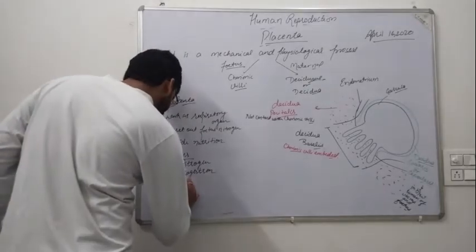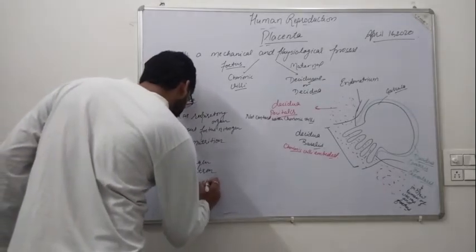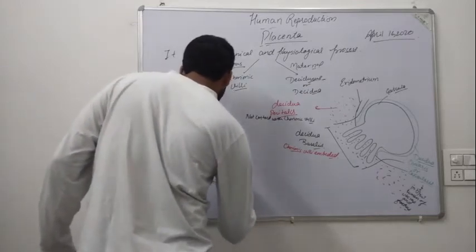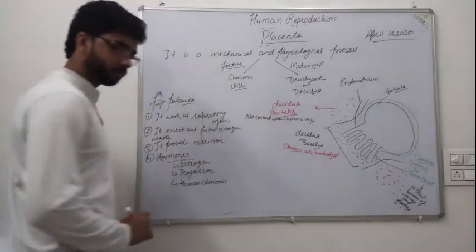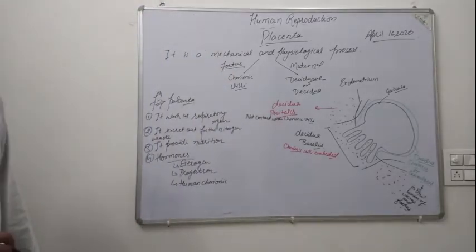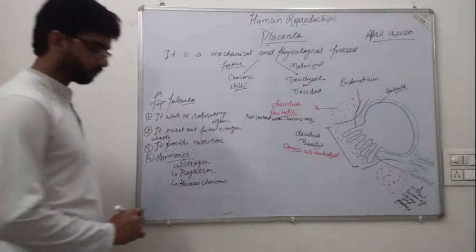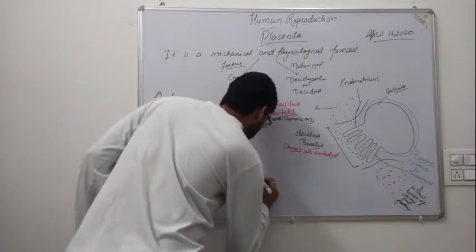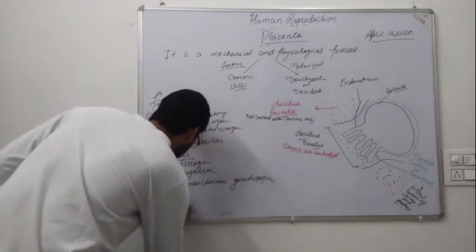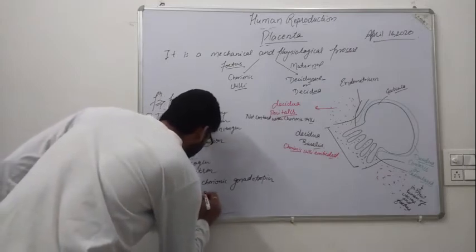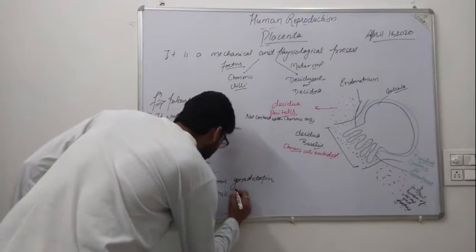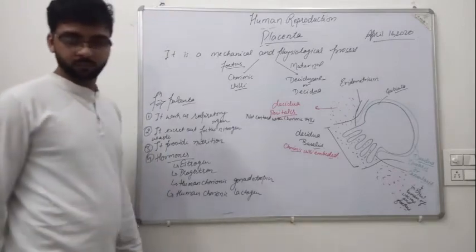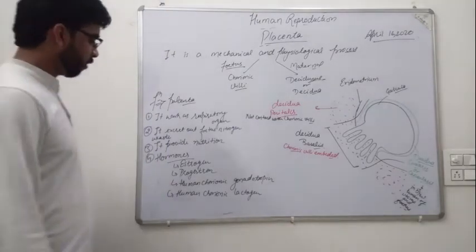Rest of these, human chorionic gonadotropin and human chorionic lactogen, are the hormones released by the placenta.